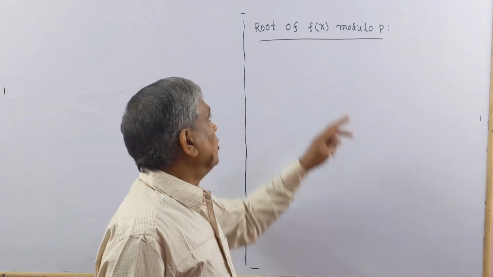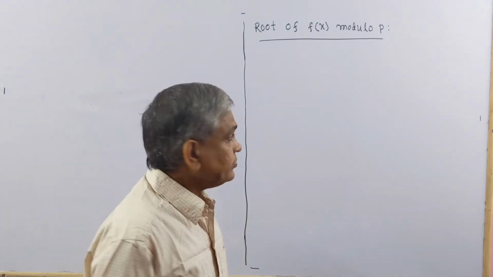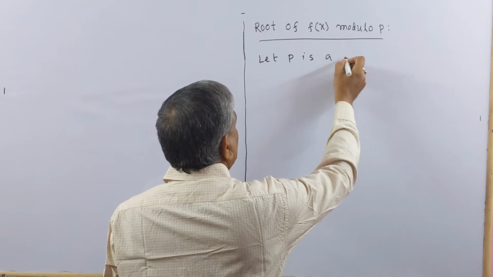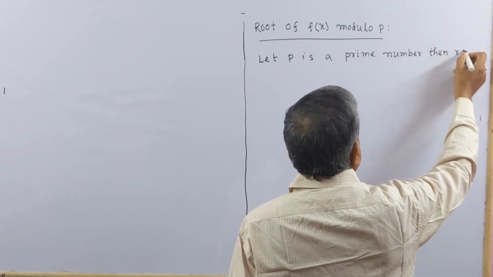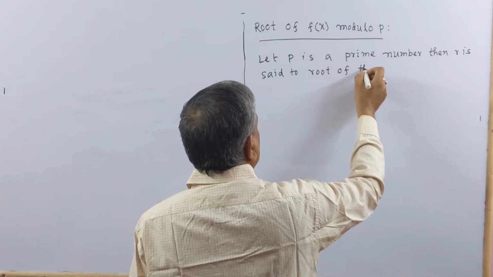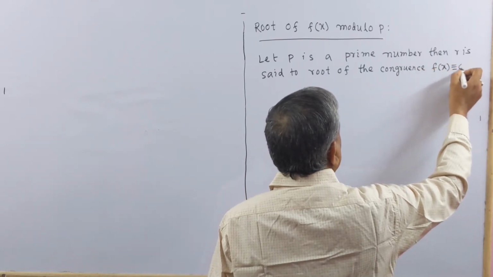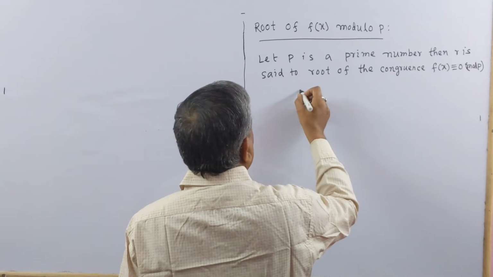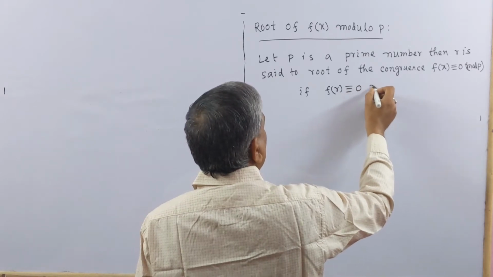Now we define root of f(x) modulo p. Let p be a prime number, then r is said to be a root of the congruence f(x) is congruent to 0 modulo p if f(r) is congruent to 0 modulo p.